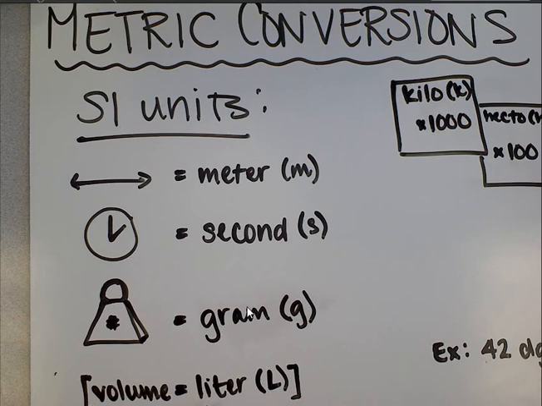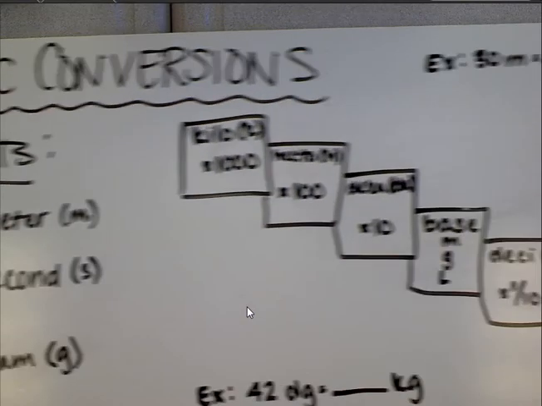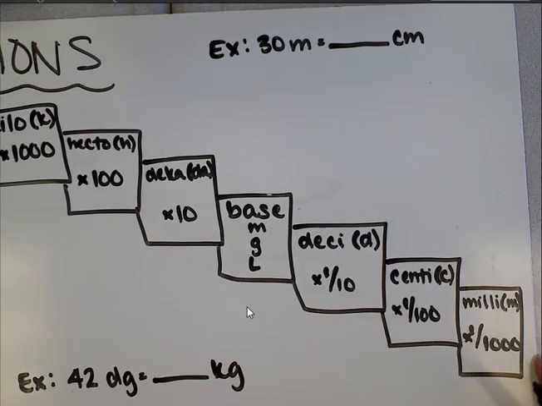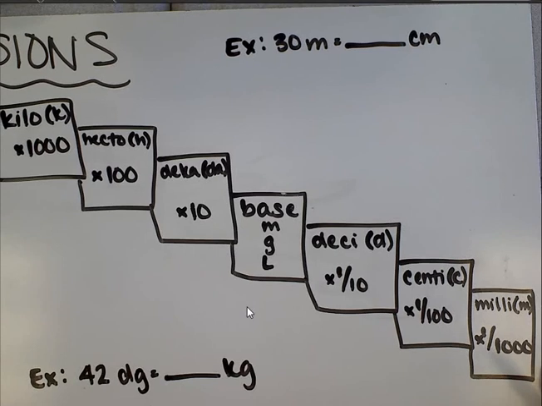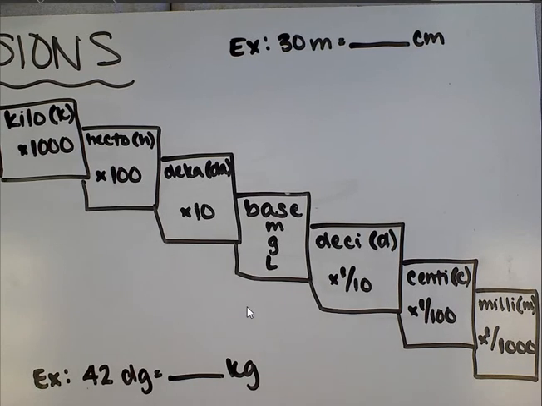Okay. So on top of these units, if we want to be talking about really big distances or really small amounts of time or whatever, we can also add prefixes that indicate that we're talking about this many thousands of meters or this many hundredths of a second or what have you. And those different prefixes are all summarized in this cute little staircase right here. Oh, it's adorable. All right.